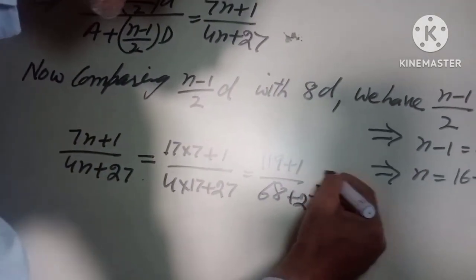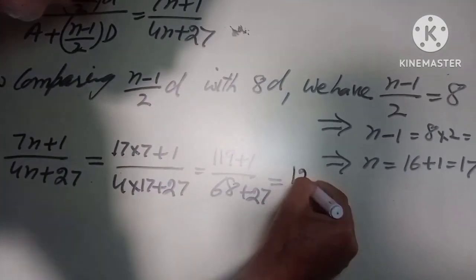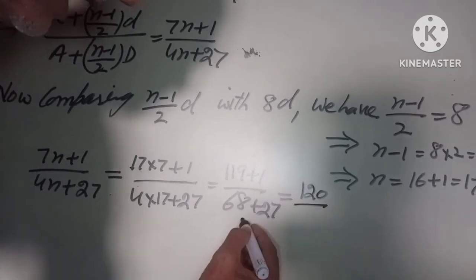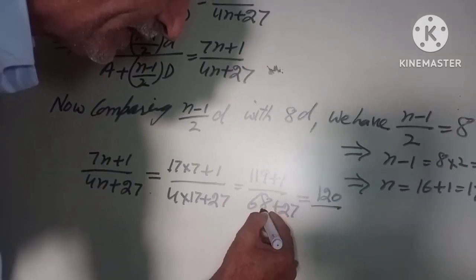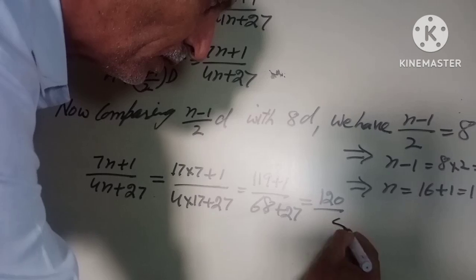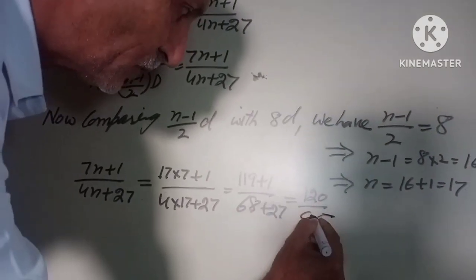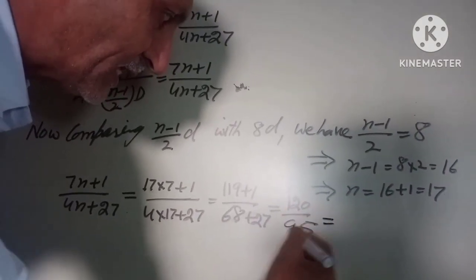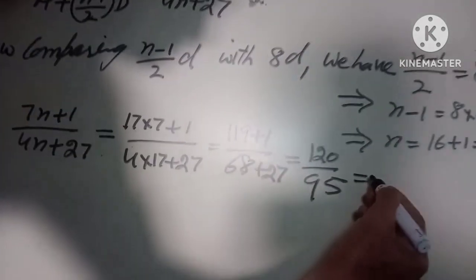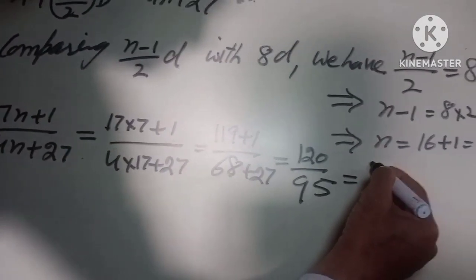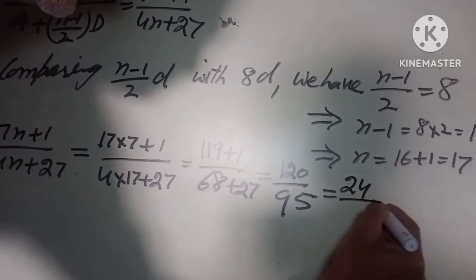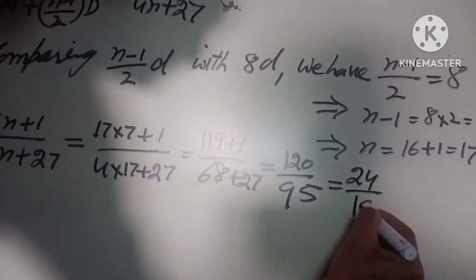Just add it up, it should give you 120 upon 95. This cancels, it has got 5 common, so this will give you 24 upon 19.